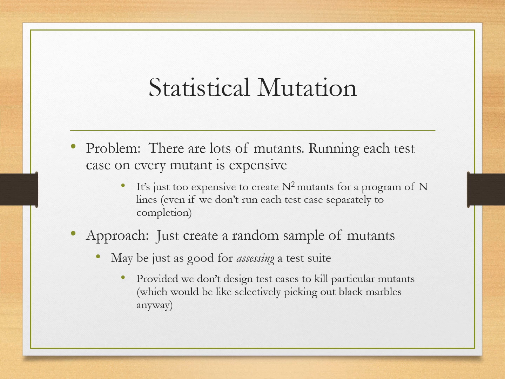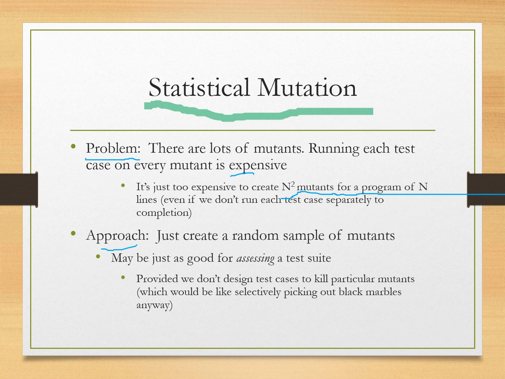Next we have statistical mutation. In statistical mutation, the problem is that there are a lot of mutants. Running each test case on every mutant is expensive. It is not just too expensive to run, it is too expensive to create n square mutants from a program of n lines, even if we don't run each test case separately to completion.